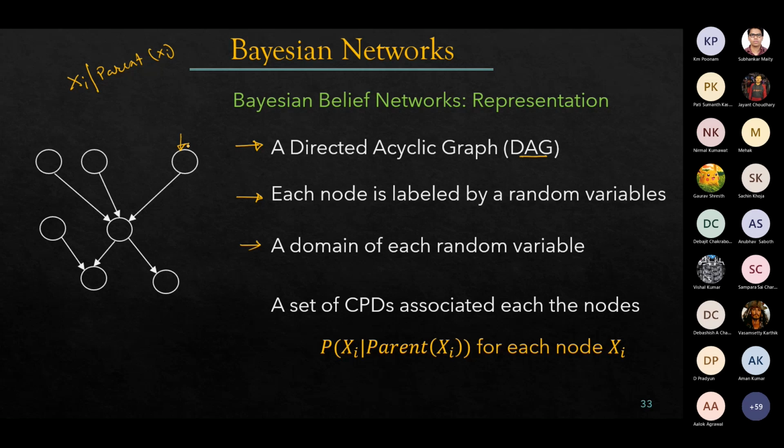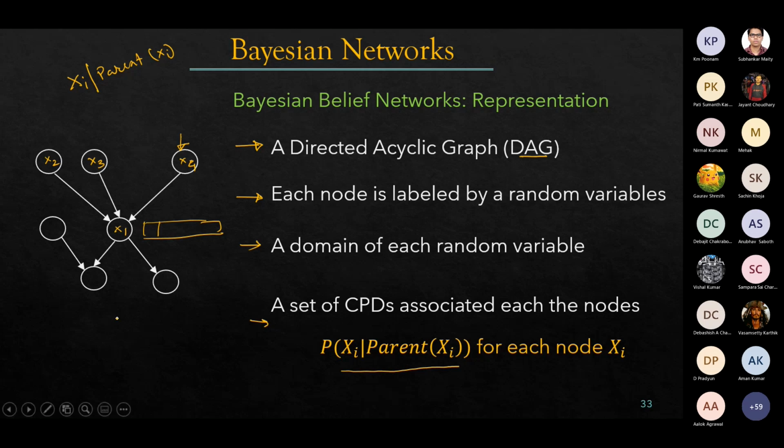But most importantly, every node will be associated with a conditional probability distribution of the form probability xi given parent of xi. Let's say this is your x1, this is your x2, x3, x4. The conditional probability distribution will be represented in the form of a table.